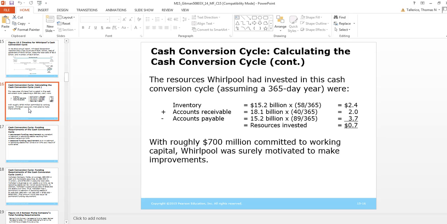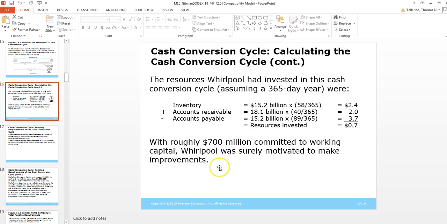Here's a simple example of the cash conversion cycle. You've got inventory plus accounts receivable minus accounts payable. You'll notice their cash conversion cycle is pretty bad at this point, because their resources invested were like $700 million.